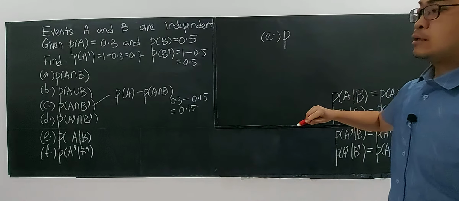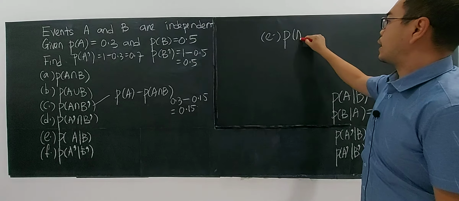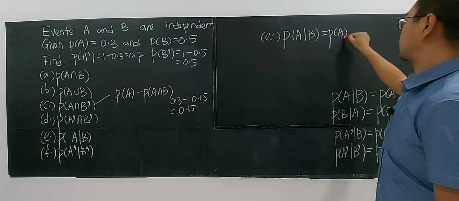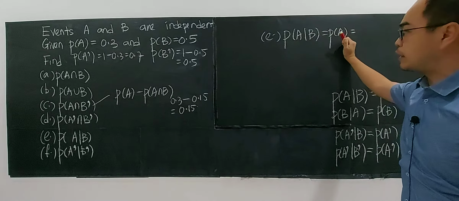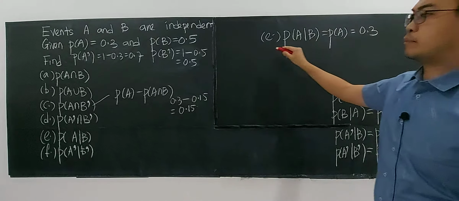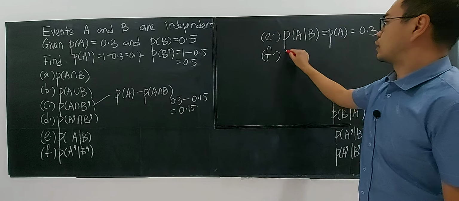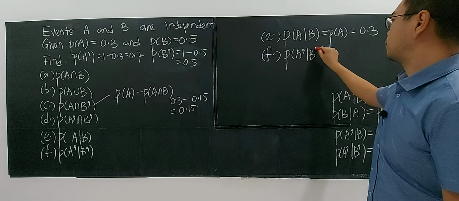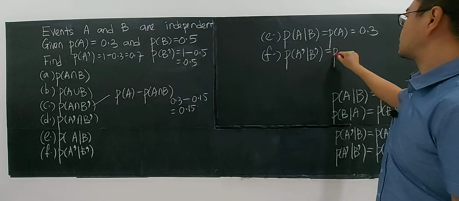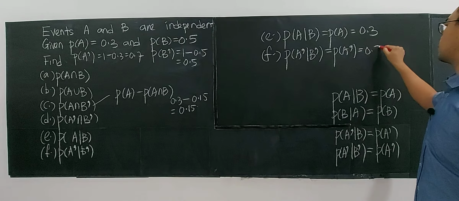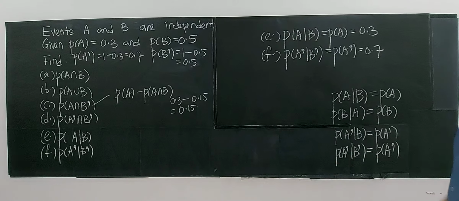So for part E, the answer will be that the probability of A given B will be the same as the probability of A, right? This only happens when they are independent. So the probability of A is given to be 0.3. Very simple, right? Just state it. So the probability of A prime given B prime will be the same as the probability of A prime, which is 0.7, right?